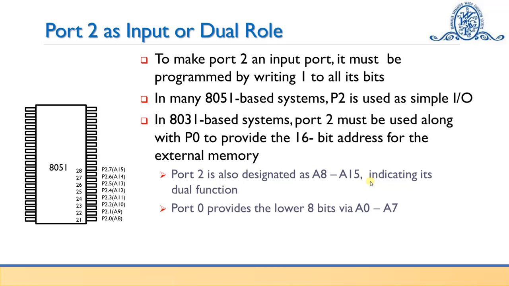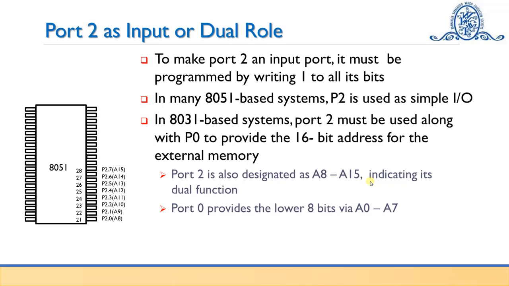In 8031 based systems, port 2 must be used along with port 0 to provide the 16-bit address for the external memory, because internally there is no program memory, so externally it is to be connected to the program memory. So these two ports, P0 and P2, are dedicatedly used to generate this 16-bit address for accessing the external memory.